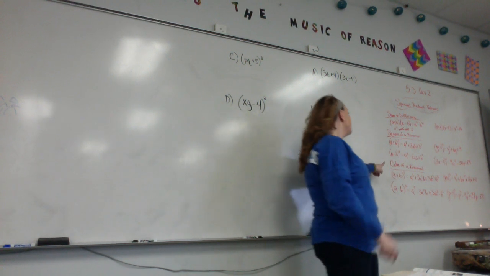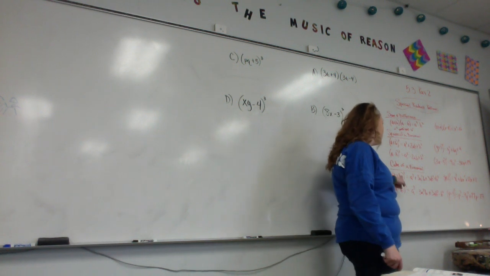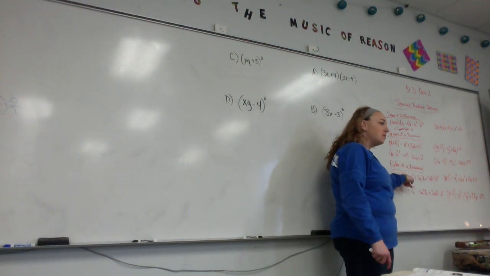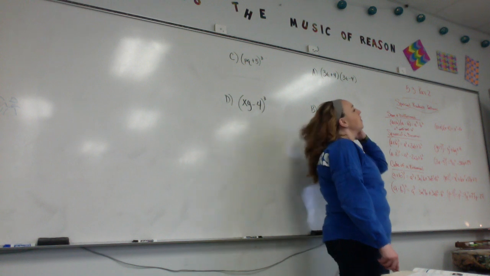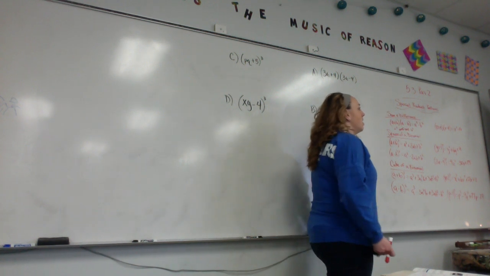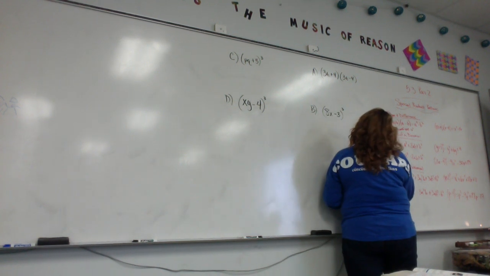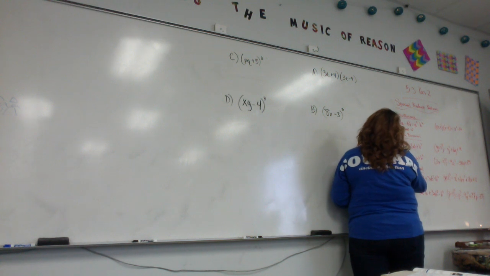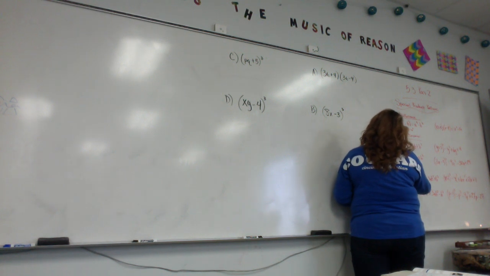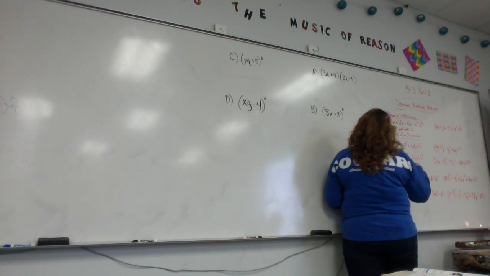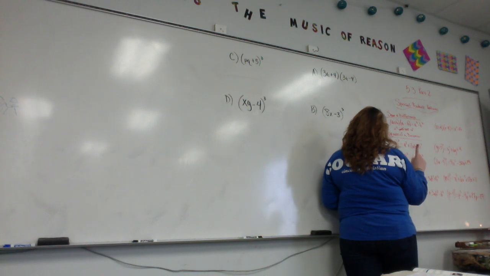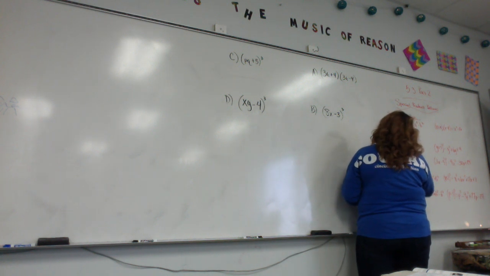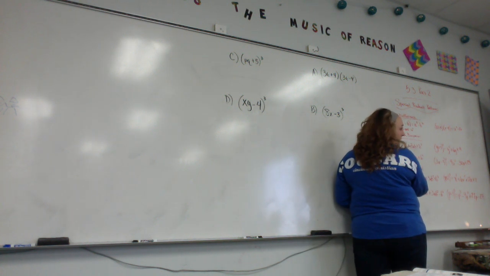Okay? The last one is a cube of a binomial. So, a plus b cubed. Now this is the pattern for this one. You start with whatever this first thing is, and you cube it. The second spot is squared. Here's why. This is a squared, and I'm multiplying it by b.